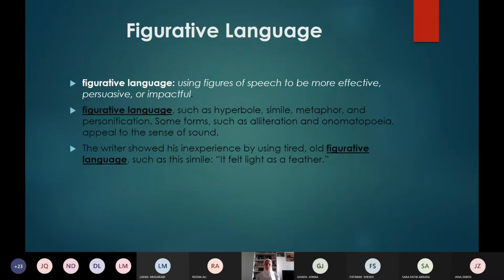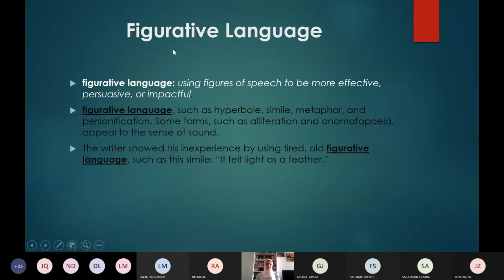I will show you the kinds. Here is an example: the writer showed his inexperience by using tired old figurative language, such as the simile, it felt light as a feather. He says that this is old and tired and has been used many times.